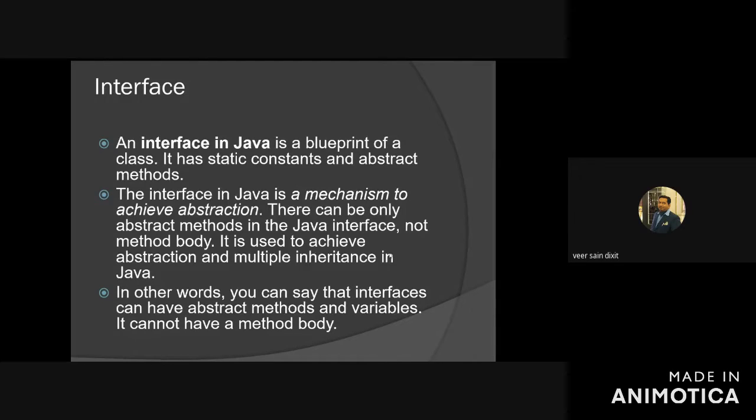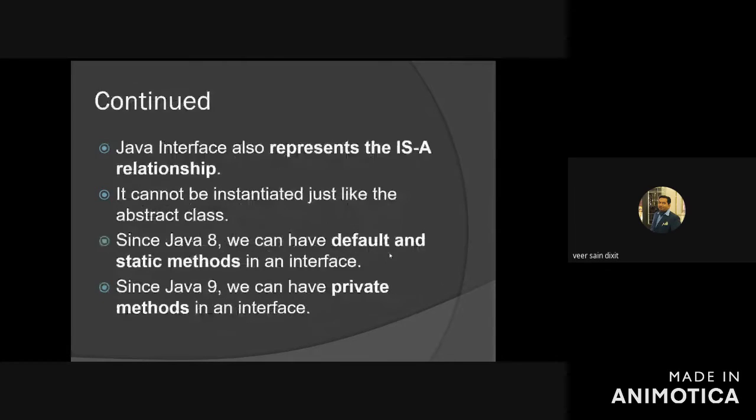If you want to implement multiple inheritance in Java, that will be done only with the help of interfaces. In other words, interfaces can have abstract methods and variables. It cannot have a method body.